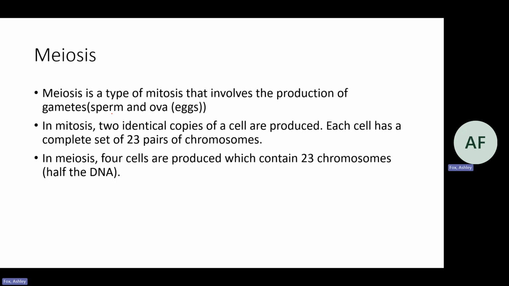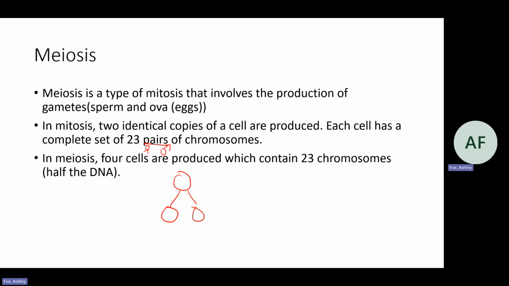So we're going to look at that. In mitosis, we have just direct copies, and we have 23 pairs of chromosomes because one comes from the female side and one comes from the male side, so maternal and paternal chromosomes.